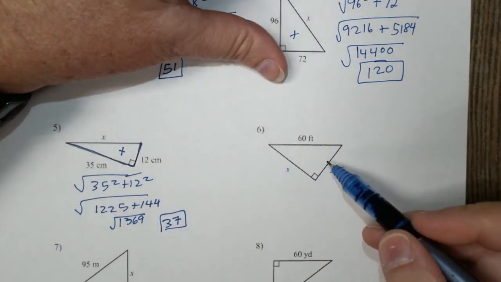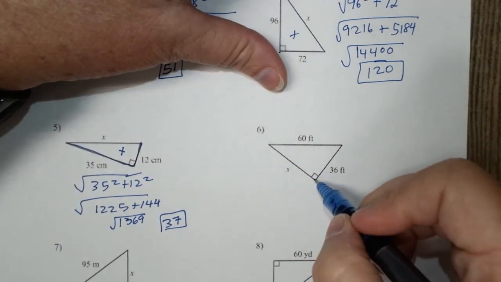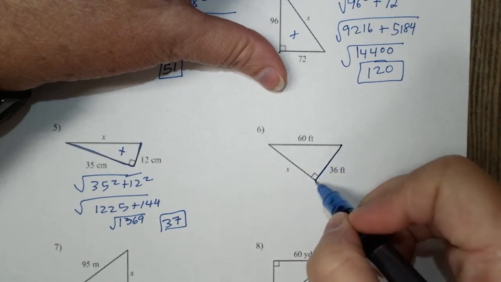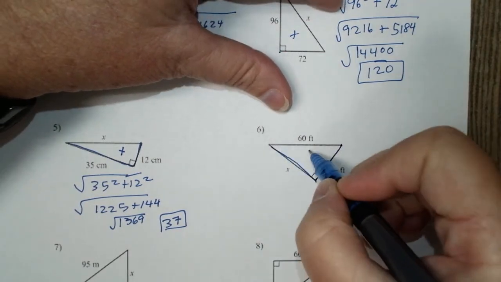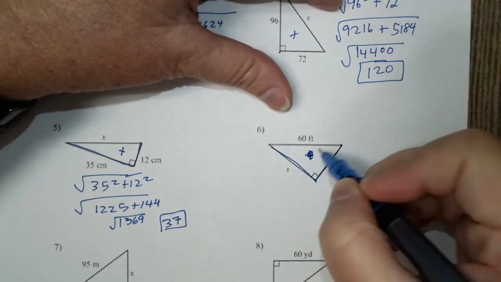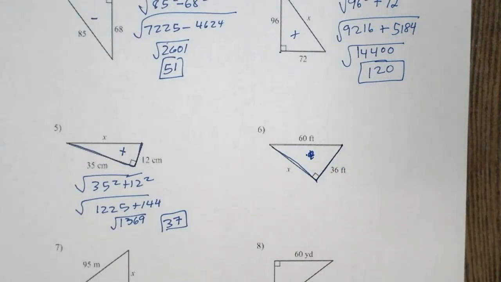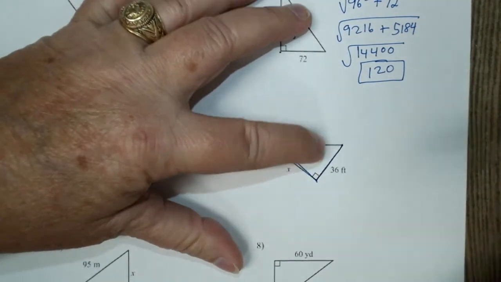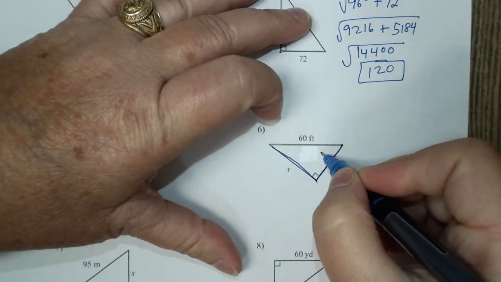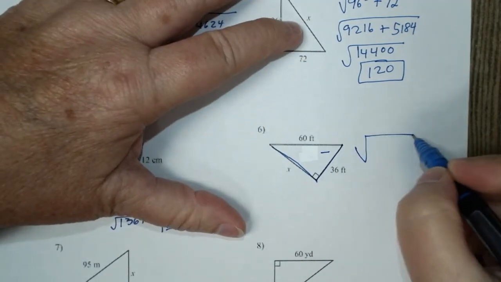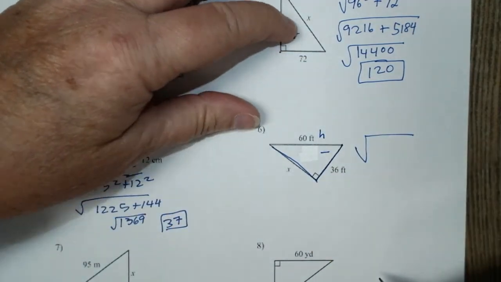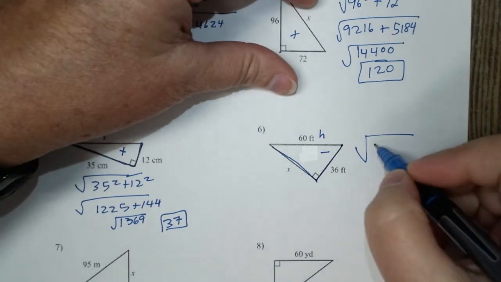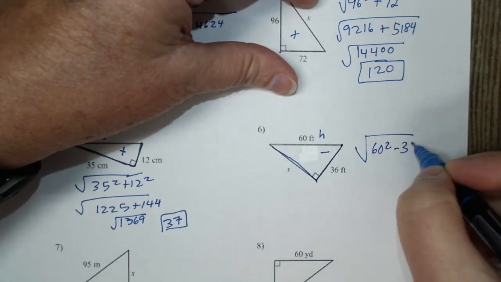This one, here's the right angle. Attached to the right angle are the legs. I'm not adding. Let me get my white out. I'm looking for a leg. And if I'm looking for a leg, I'm subtracting. Almost messed that up. That's actually the hypotenuse. Okay, so I do 60 squared minus 36 squared.